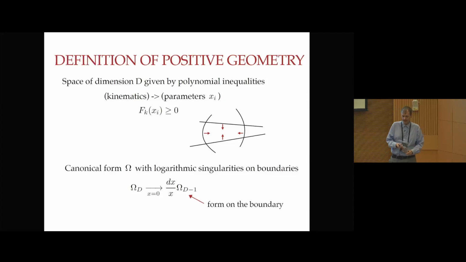So in this case, we have a positive geometry here. If we go on one of these boundaries, for example this line, we would generate dx over x, where x is 0 on that line, times the differential form on that line.